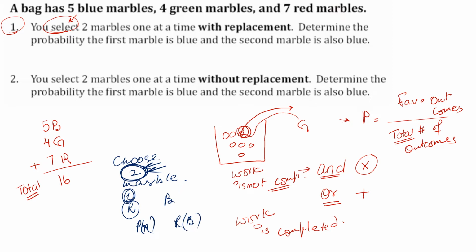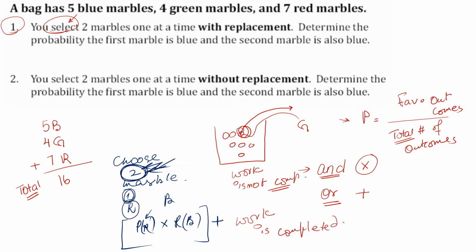And since the work is completed only afterwards, in between them you will put a multiplication sign, because choosing the red marble means you chose only one marble, whereas your work was to choose two marbles, and then you chose the blue marble. So when the work is finished, you will be able to write the plus sign after that.